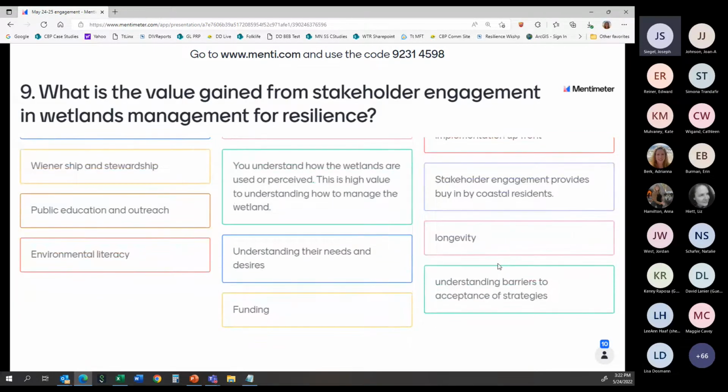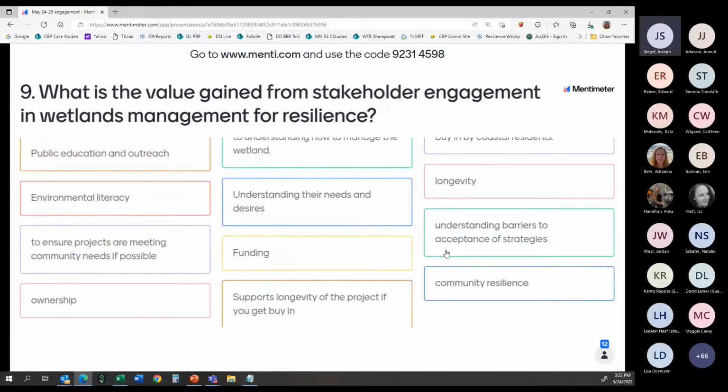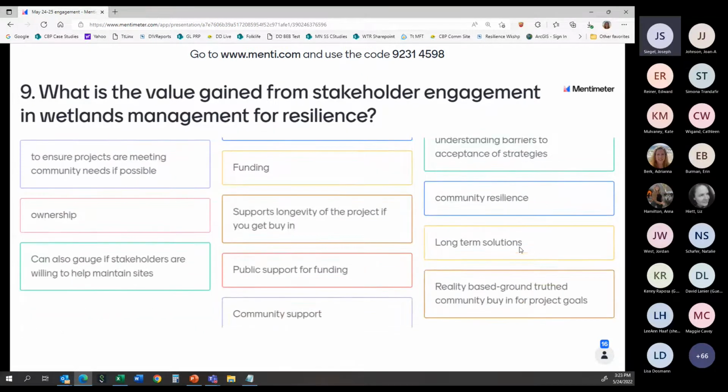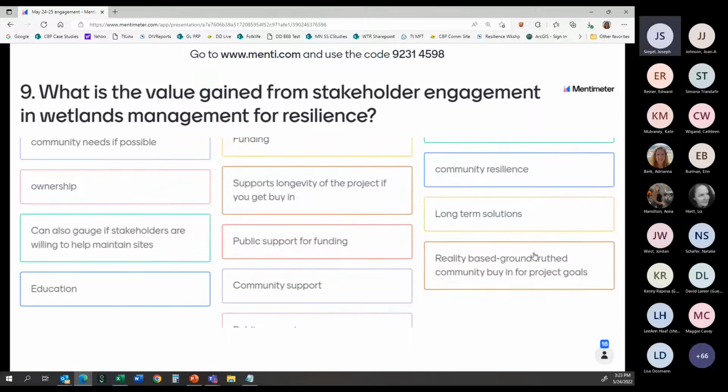Again, buy-in, public education, outreach, literacy, longevity, funding, understanding the needs and desires of the stakeholders, understanding barriers and acceptance of strategies to ensure projects are meeting community needs if possible. Again, ownership, buy-in, longevity, community resilience, long-term solutions, community support, education.